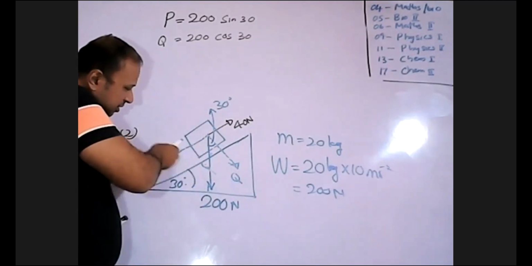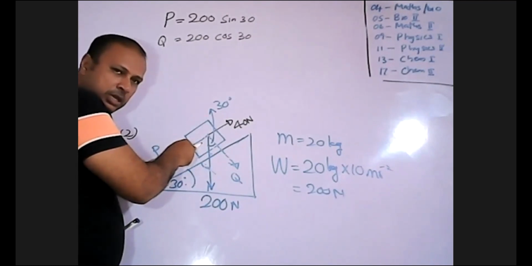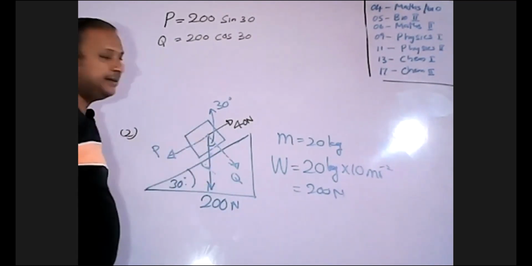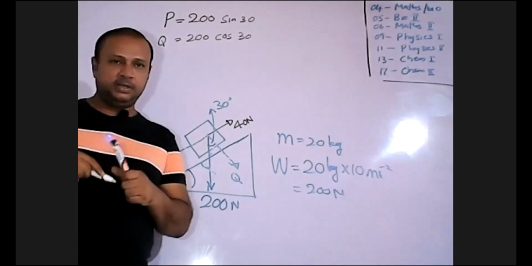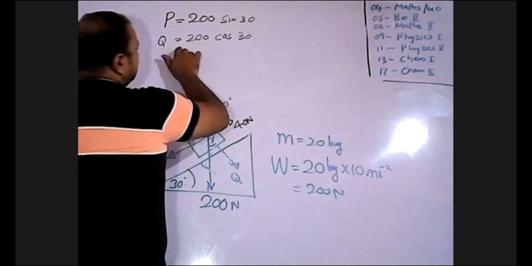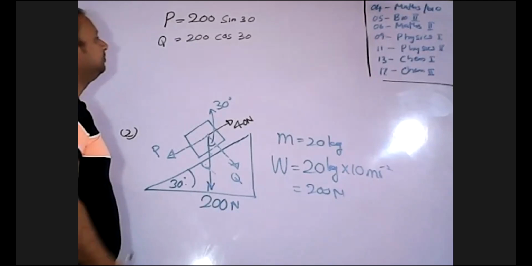If you resolve this into this direction, this angle is 60. Therefore, you can take it as cos 60 or sin 30. Those are the two components of 200 Newton.